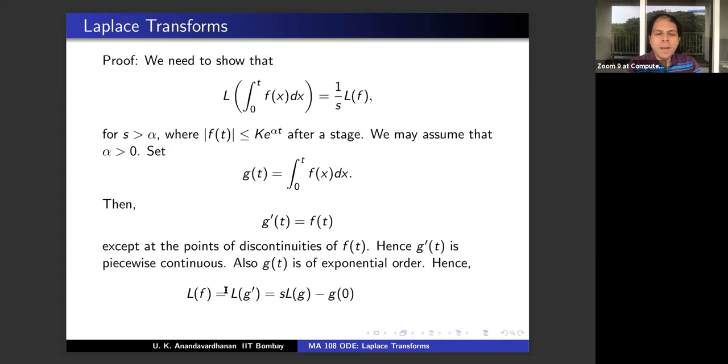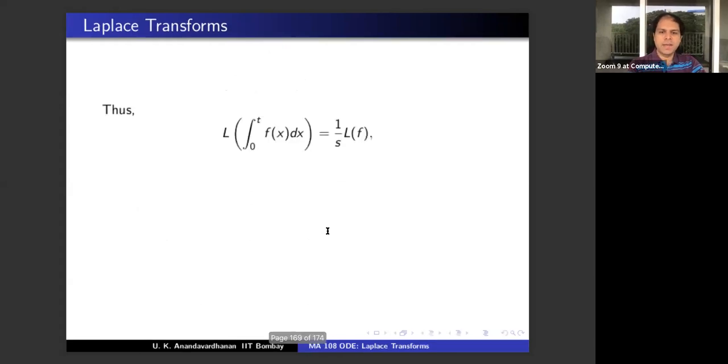I am not putting brackets everywhere; it is understood that it is a function of S. But g of 0 is 0. So it is S L of g. And therefore you have proved this, and this is all true for S bigger than alpha. So you have proved that L of g is 1 by S L of f. But L of g is this. So we have finished the proof.